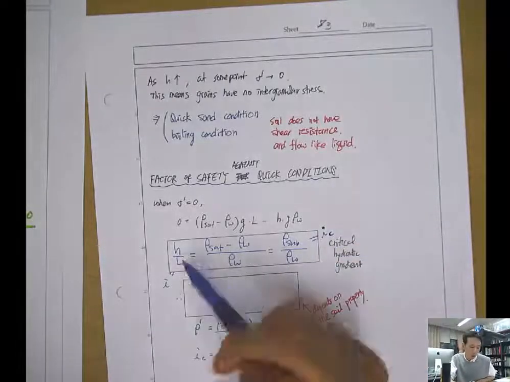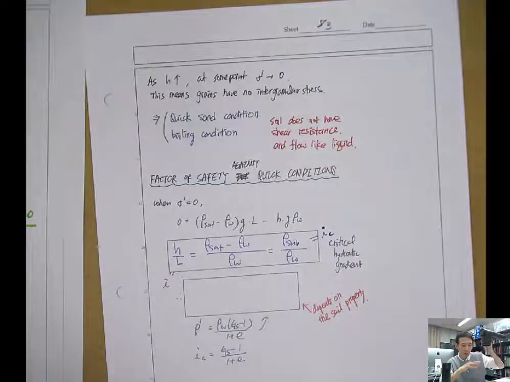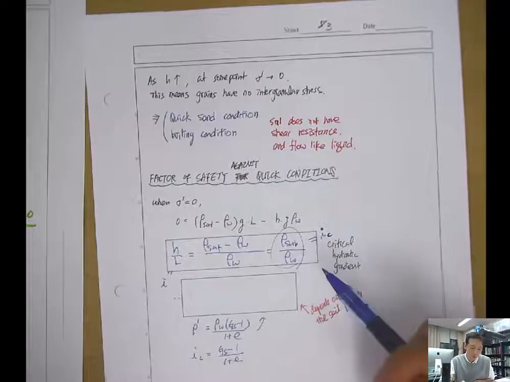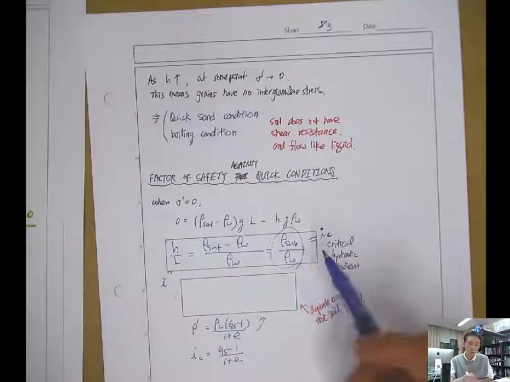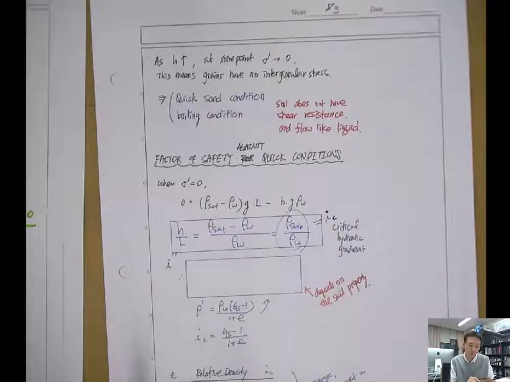So when H, the head difference over a certain length of soil, is bigger than i_c, which is rho sub over rho w, then the quick condition will occur. So the effective stress will eventually become 0.